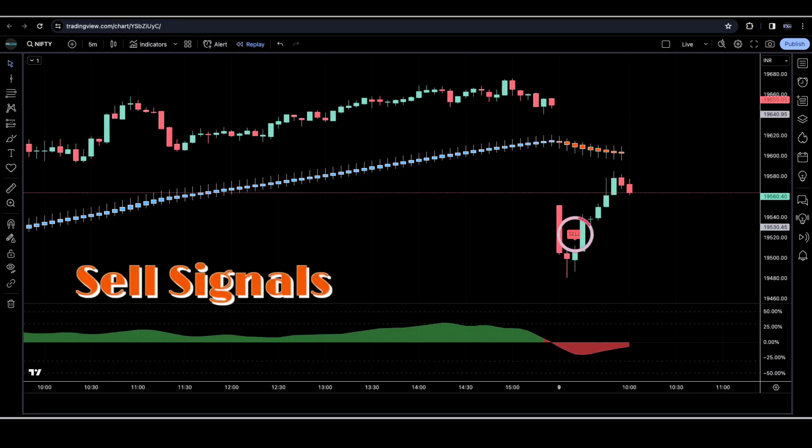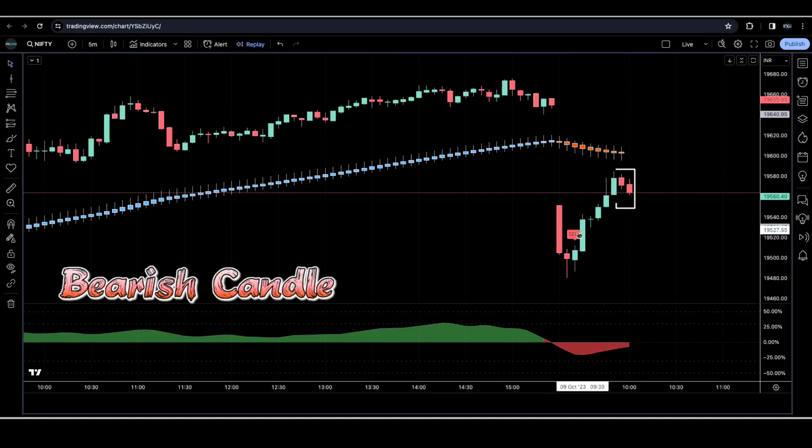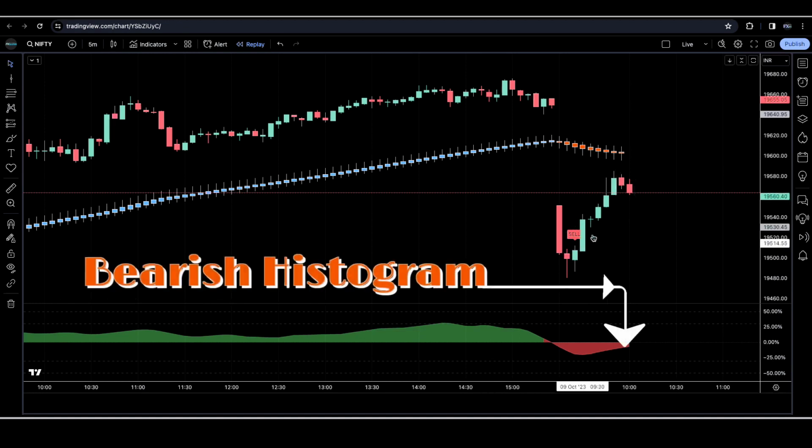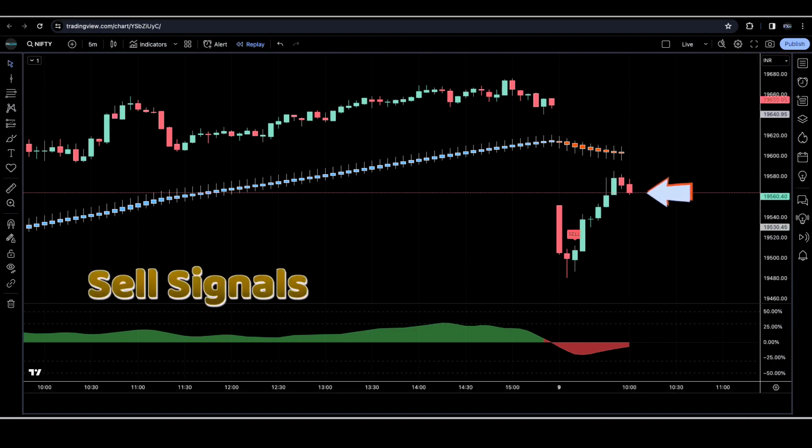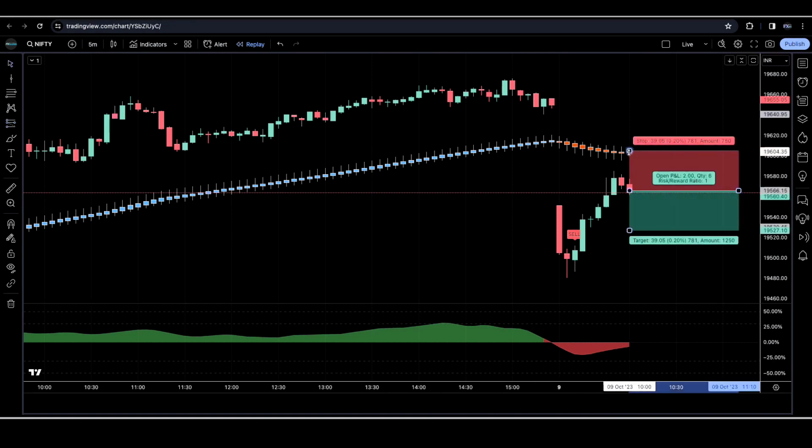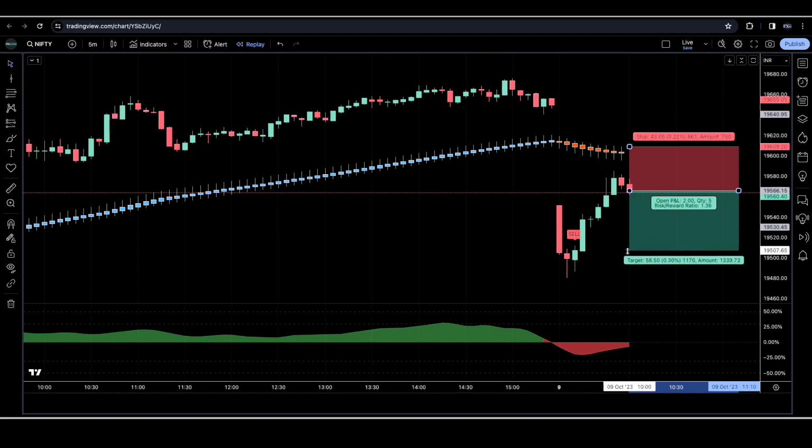Here the Heikin Ashi smoothed indicator has given us sell signals. The market has made 2 bearish candles to give confirmation. The rolling volume of Heikin Ashi rolling indicator shows a bearish histogram. All these conditions are met, we will place a sell order. Our stop loss will be placed at the Heikin Ashi smoothed indicator of candle higher.